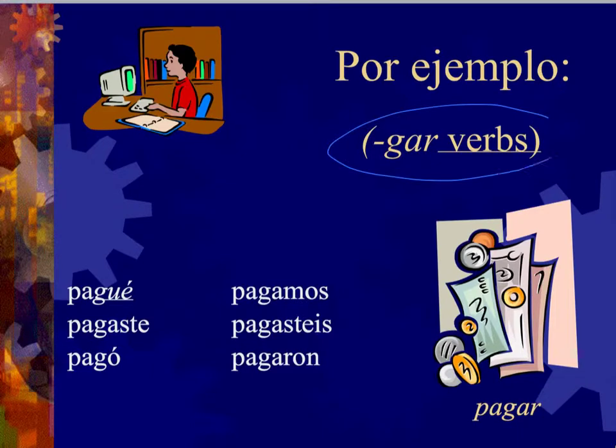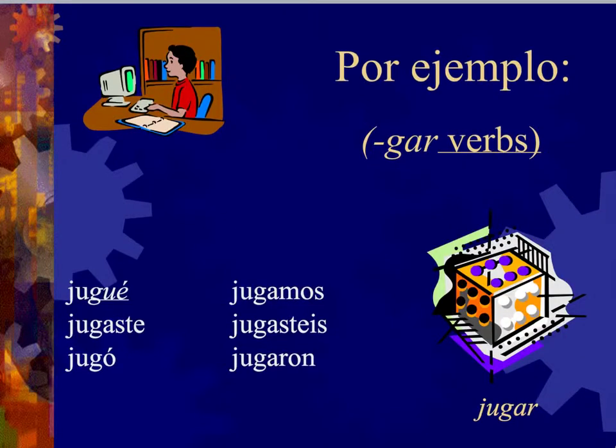Okay, GAR, G-A-R, pagar, pagué, pagaste, pagó, pagamos, pagaron. Okay? Oops, sorry, didn't mean to do that. Oopsie. You can tell me that I made a mistake on slide 13 if you want to prove you did. Okay, jugué, jugaste, jugó, jugamos, jugasteis, jugaron.